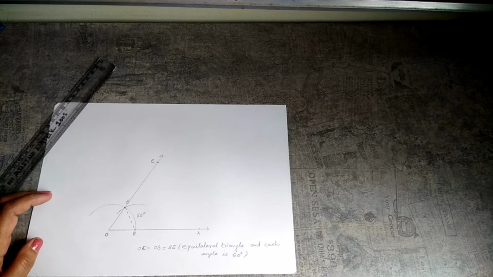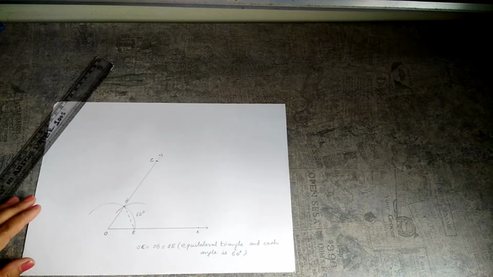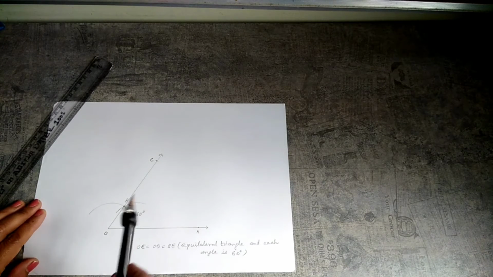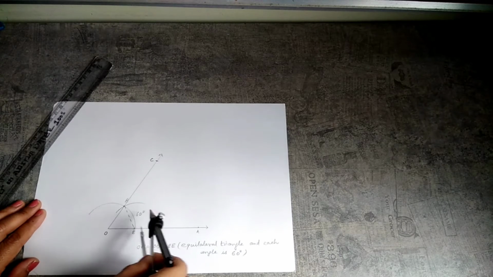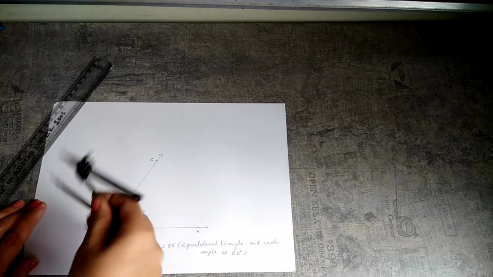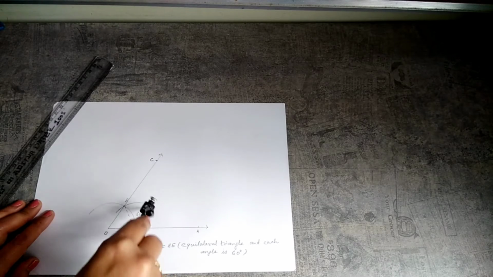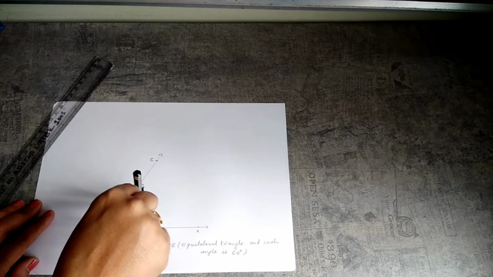So each angle is 60 degree. Therefore angle O is also 60 degree. As we have constructed angle 60 degree, we can also make more angles using this.